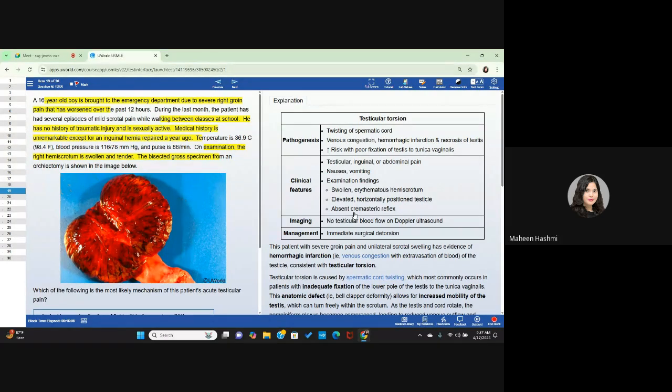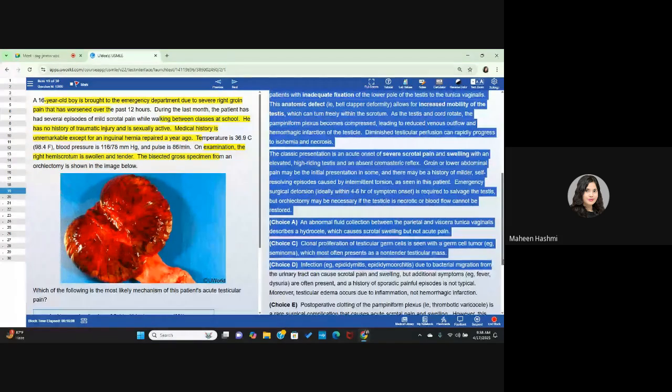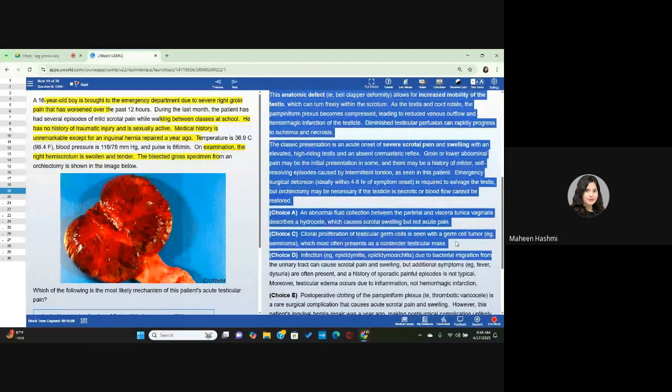Where do you see a positive cremasteric reflex? Normal. Very good. So you have to immediately take the patient to surgery to detorse. Otherwise, it's going to be problematic.